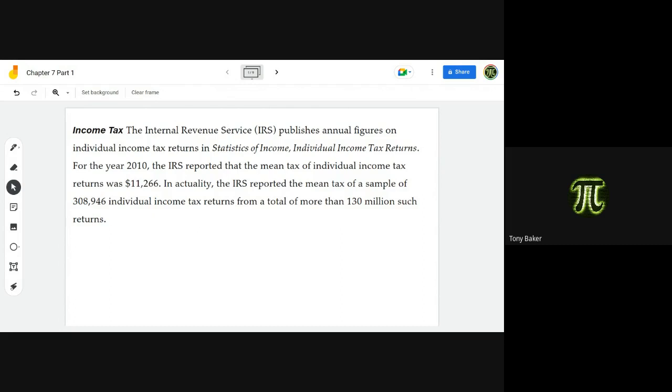It could be close. It might not be exact. All right, but that's not necessarily the exact mean. If we took a different set of 308,000 tax returns, we might get a slightly different mean. So if I'm pulling out this information, we have what's known as a sampling error.